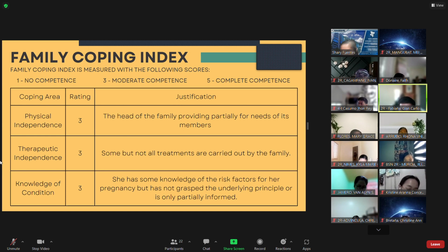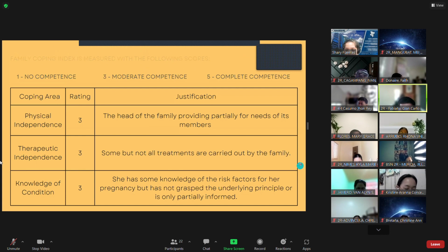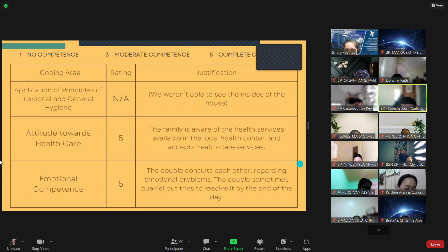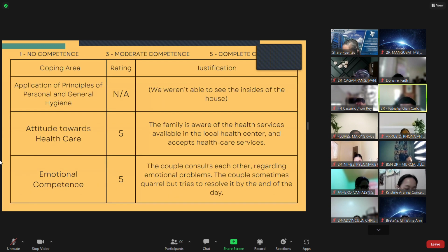Next is the application of principles of personal and general hygiene. We rated it NA, or not applicable, because we weren't able to see the insides of the house.